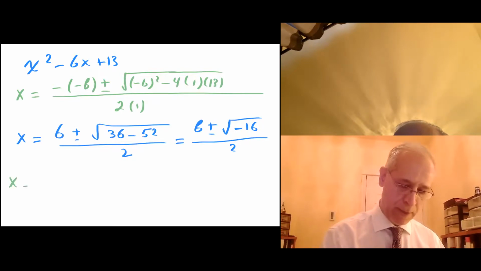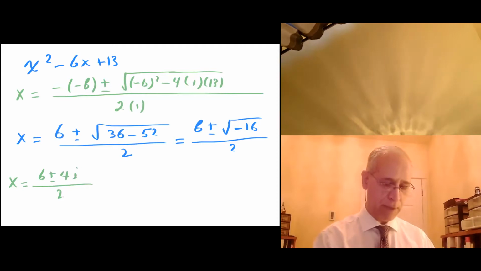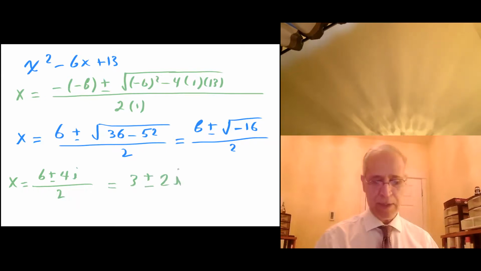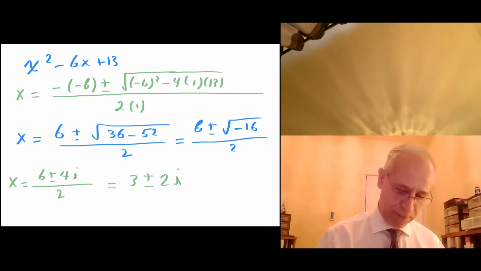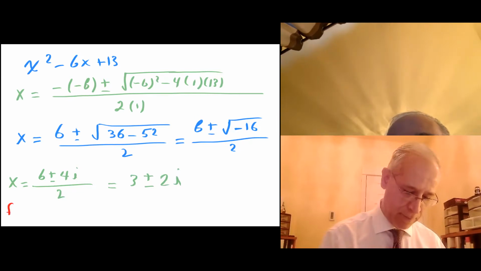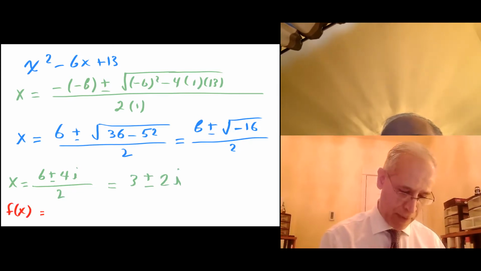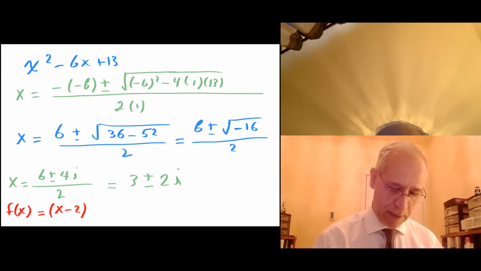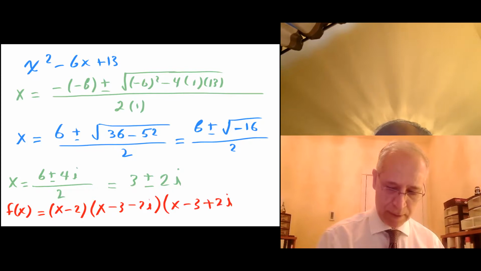So x equals 6 plus and minus 4i over 2, which is the same as 3 plus and minus 2i. So the factors of f of x are as follows: f of x equals x minus 2, which we found on the previous page, and then x minus 3 minus 2i and x minus 3 plus 2i.